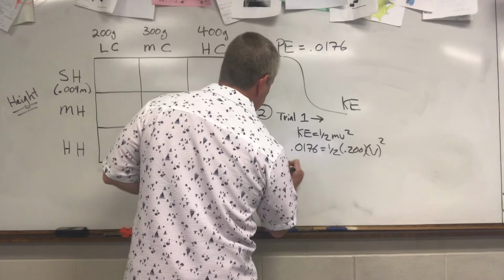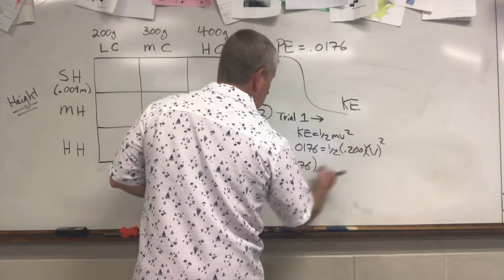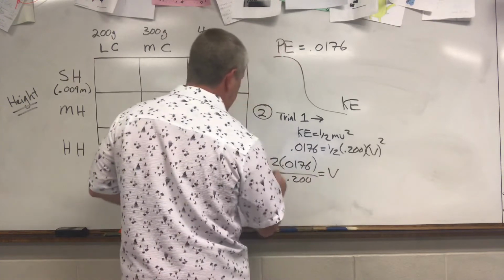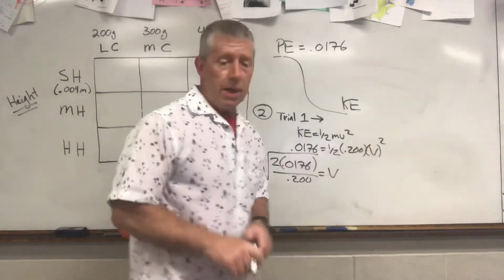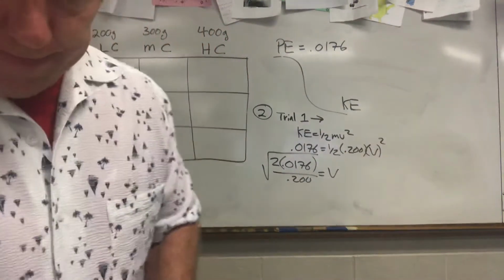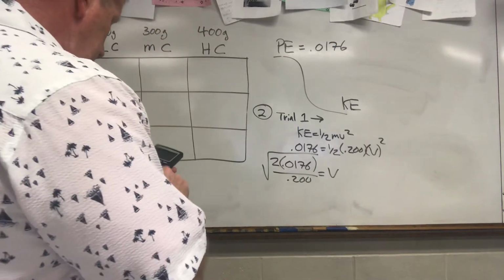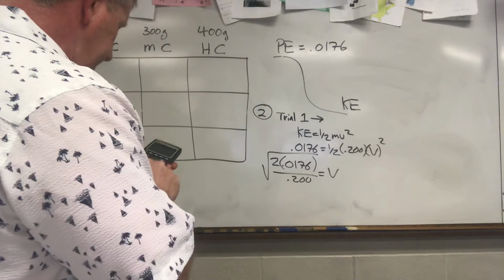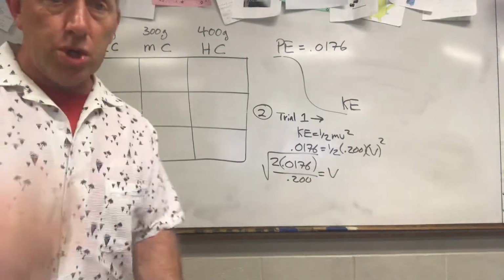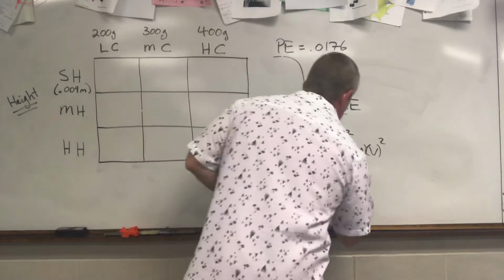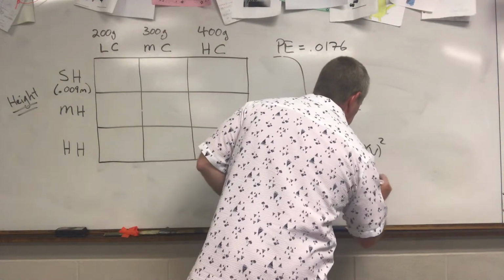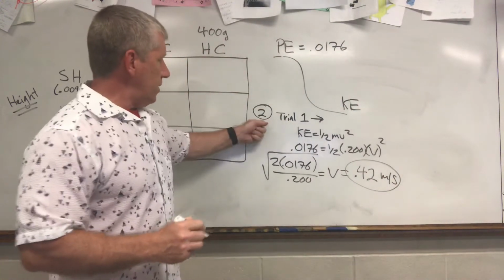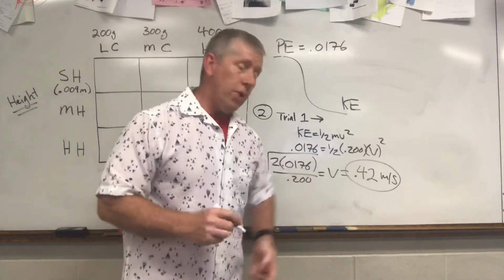So 2 times 0.0176 divided by 0.2 equals V squared, and I want V. Times 2, enter, divided by 0.2, enter, second function, square root, boom, 0.42. The math says that for trial 1, calculation 2, we should be getting 0.42 meters per second.